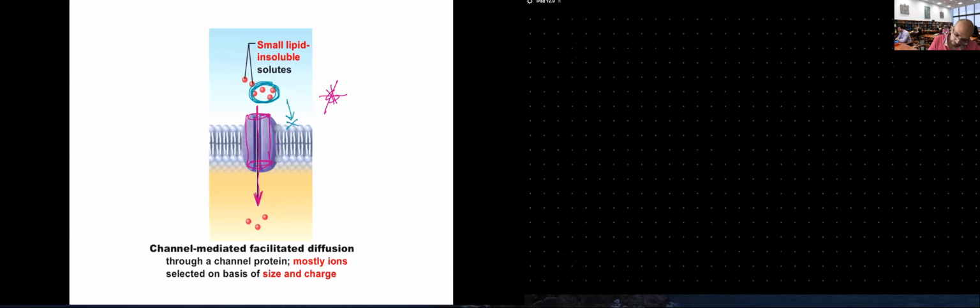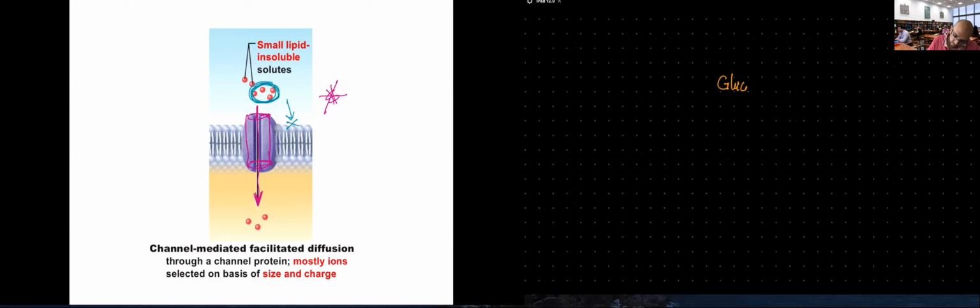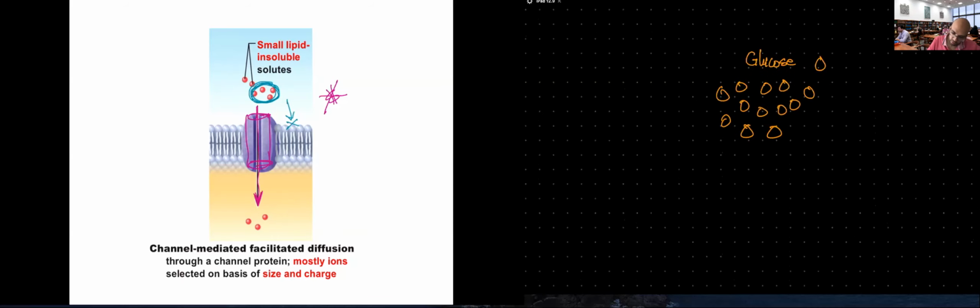How about this here? Okay, I'm dealing with glucose. I have a lot of glucose outside of the cell, compared to the inside of my cell, I have much less glucose. Can this glucose pass through the phospholipid bilayer?